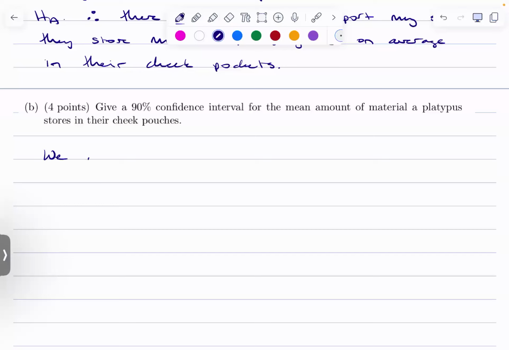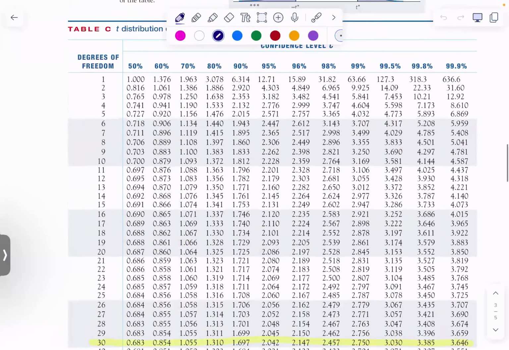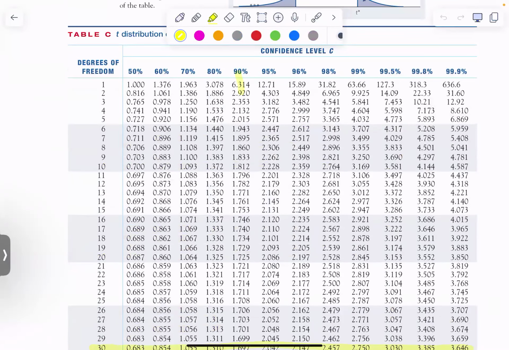I'm just going to jump into it in the interest of time. We need T star for degrees of freedom equal to n minus 1, which is 40 minus 1, which is 39, pretending we haven't already done this, but using degrees of freedom equal to 30, for a 90% confidence interval.